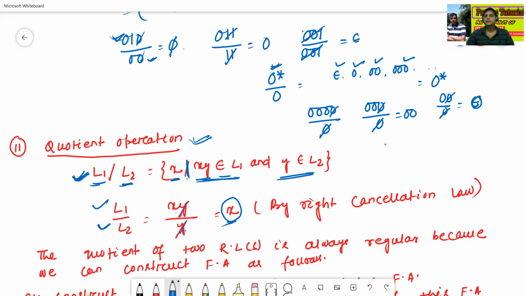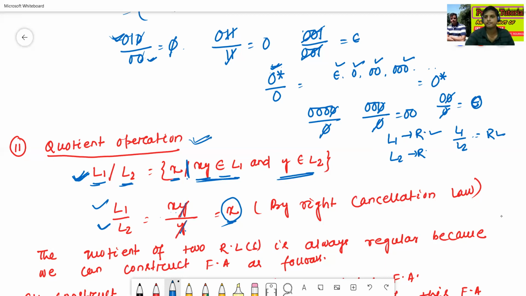So now we'll see whether the quotient operation is regular or not. If L1 is regular and L2 is regular, is the quotient operation L1 divided by L2 regular or not? Yes, it is regular because we can construct a finite automata. How to construct the finite automata?